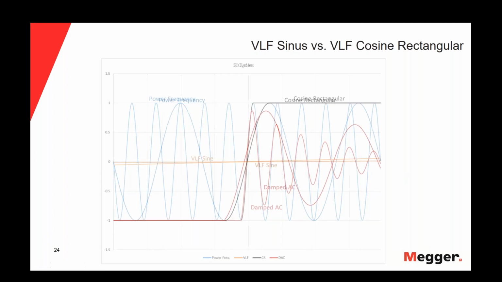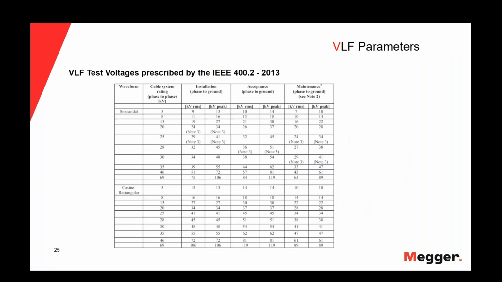So now, talking about the test voltages prescribed by the IEEE 400.2, depending on what kind of technology we're using, a sinusoidal wave shape or a cosinus rectangular wave shape, we will have different voltages in the IEEE 400.2.